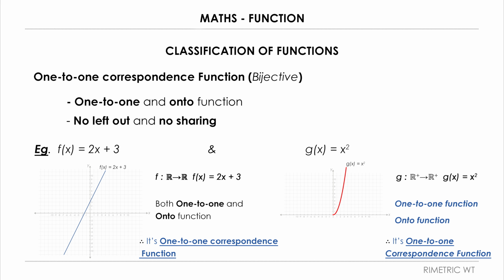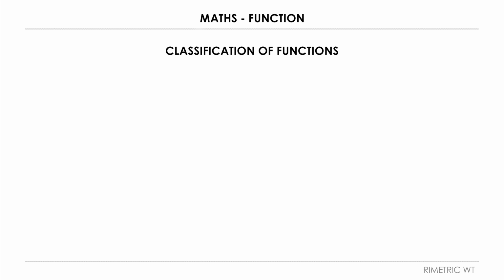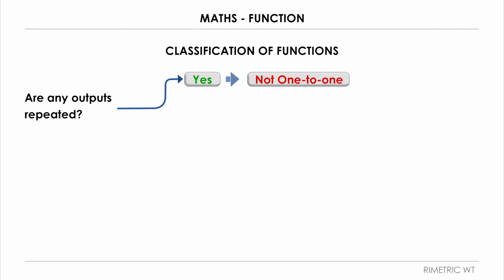The fundamental thing we need to remember here is we can classify almost any function by asking ourselves two simple questions. First, are any outputs repeated? In other words, can two different inputs produce the same output? If the answer is yes, then the function is not injective, or in other words, it is not a one-to-one function.